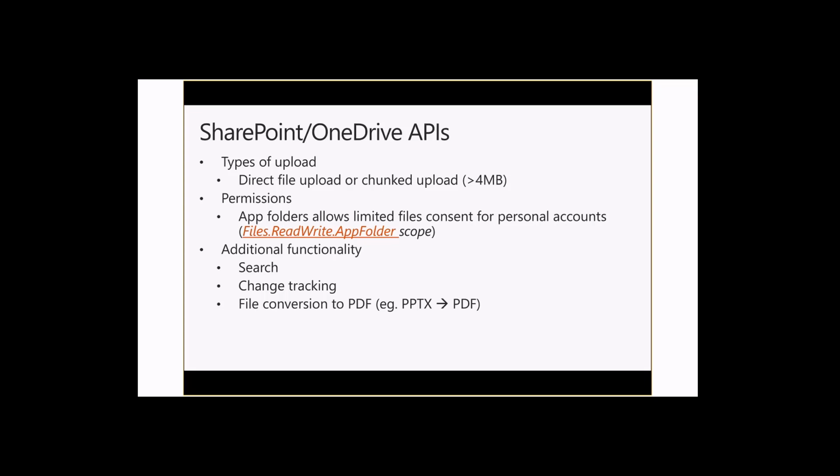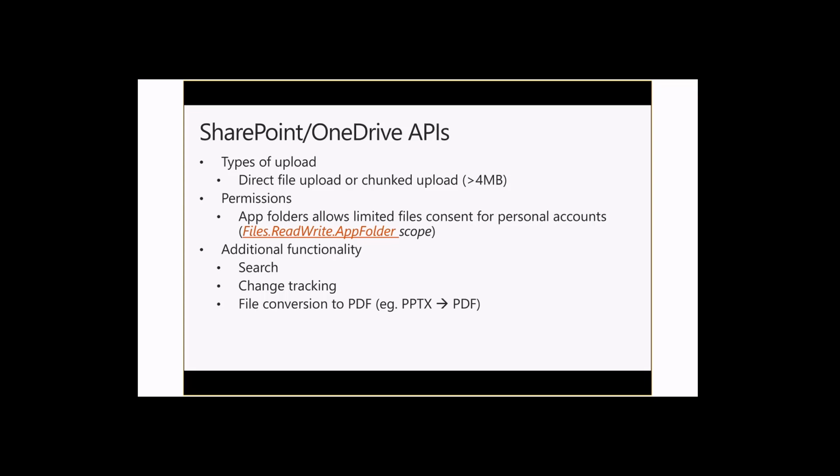If it's over 4 megabytes, you make a request, and we'll give you back a location to make chunk requests to, where you specify the byte ranges and you can detect if you lose any packets. We provide helper functionality in our .NET SDK for chunked upload. If you use that SDK, it's really simple to serialize large files and upload those to OneDrive or SharePoint.